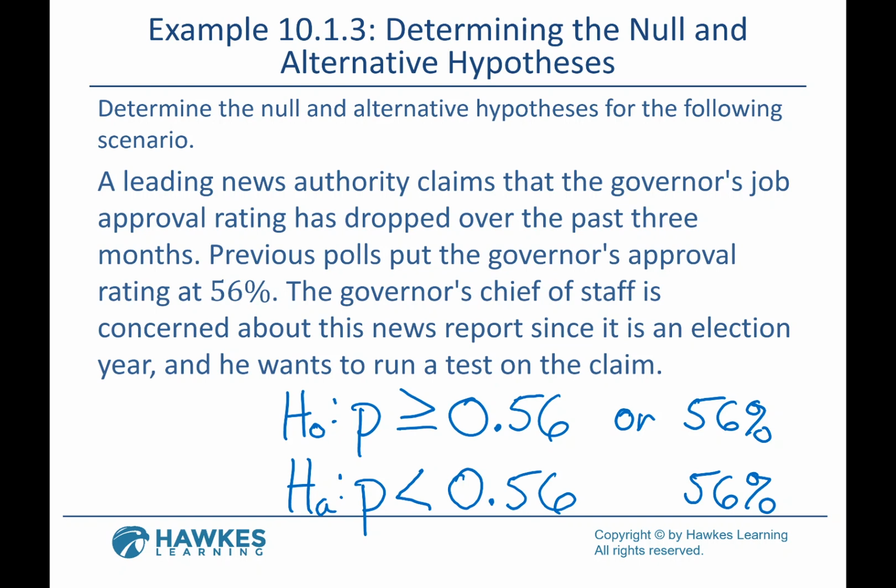It's either less than, greater than, or not equal to. And then the null hypothesis is always the opposite of the alternative, and it always has to have equality with it. So it's always either greater than or equal to, less than or equal to, or equal to. So there's only so many ways it can really look. So that helps.